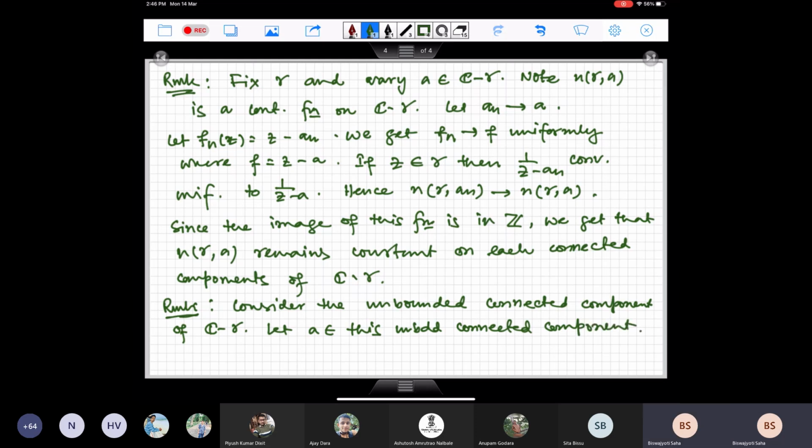If I take A from there, we can choose A with arbitrarily large modulus. I can do that.